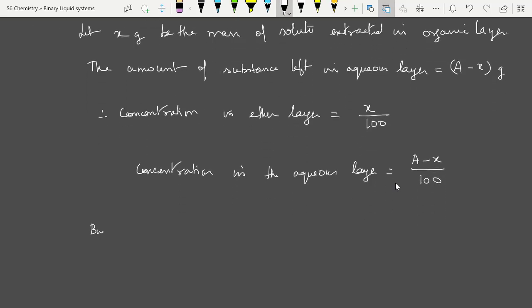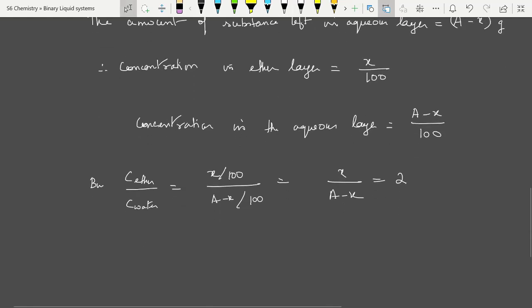But we have said that C ether by C water, the partition coefficient, is equal to 2. So we can write C ether by C water is x by 100 divided by A minus x by 100, which is equal to x divided by A minus x, and this is equal to 2. So 2 into A minus x is equal to x.